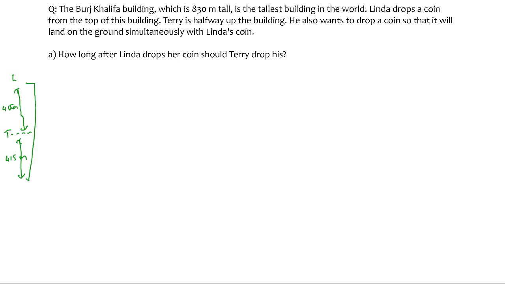So let's start by finding how long it takes for Linda's coin to fall to the ground. Let TL be the time taken for Linda's coin to fall to the ground.